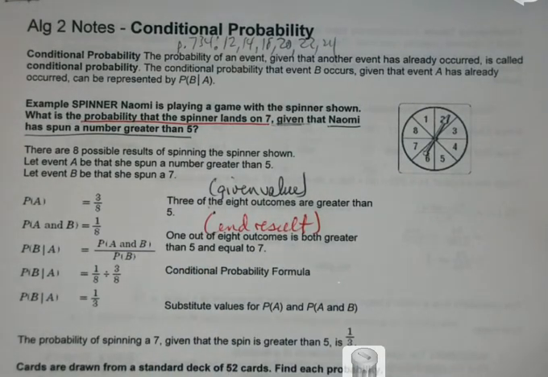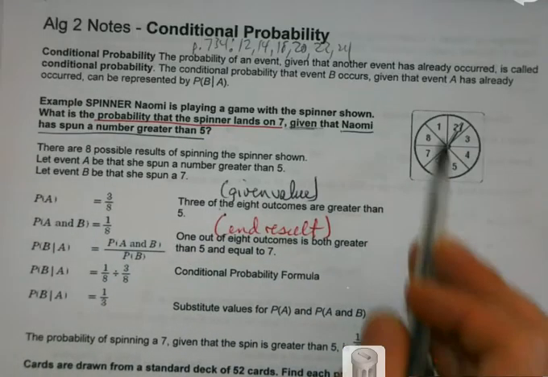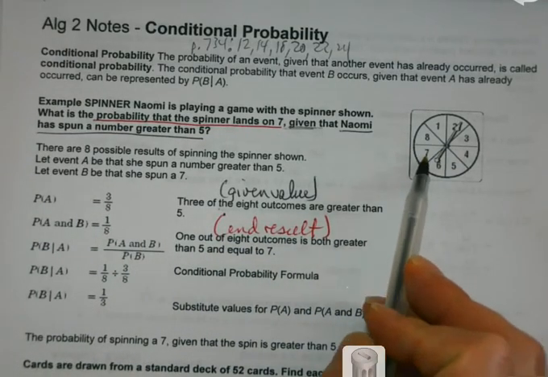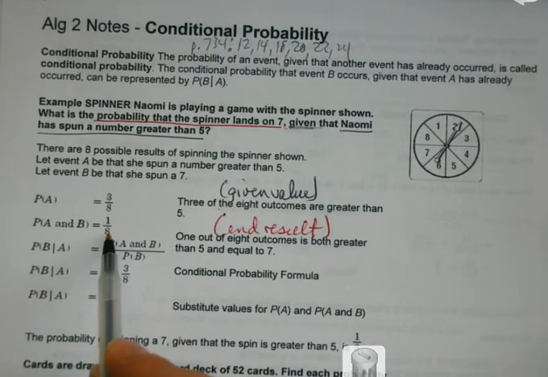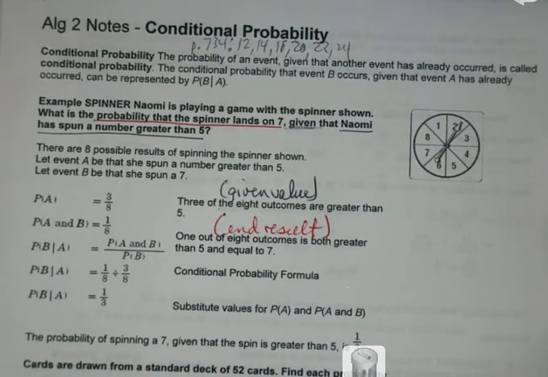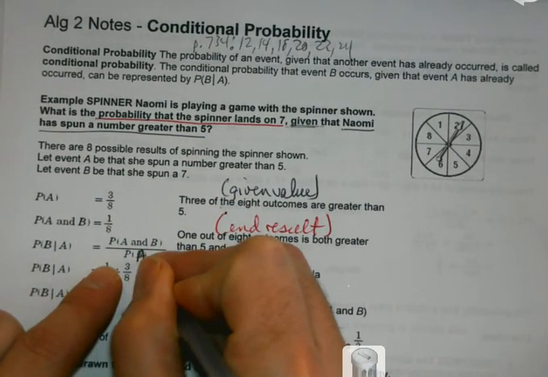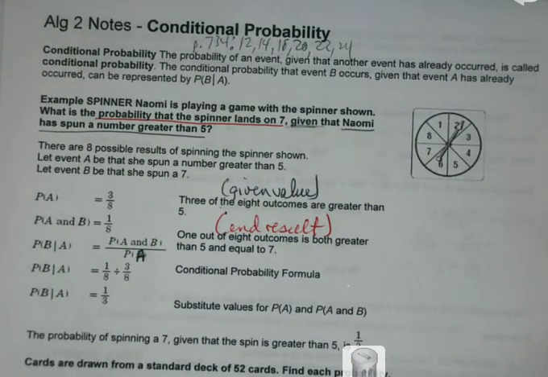Well, 1 out of 8 chances, because if I use a little common sense and look at the spinner, there's only one place that the spinner can land on 7. So there's 1 out of 8 that those two things can occur. And I apologize, that should be the probability of A, not the probability of B. And what ends up happening is that you just divide those.